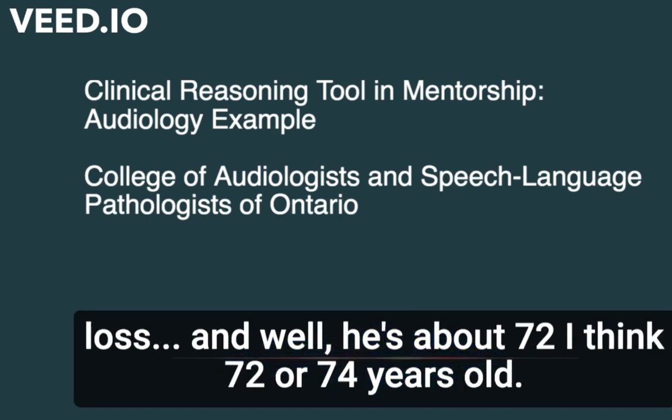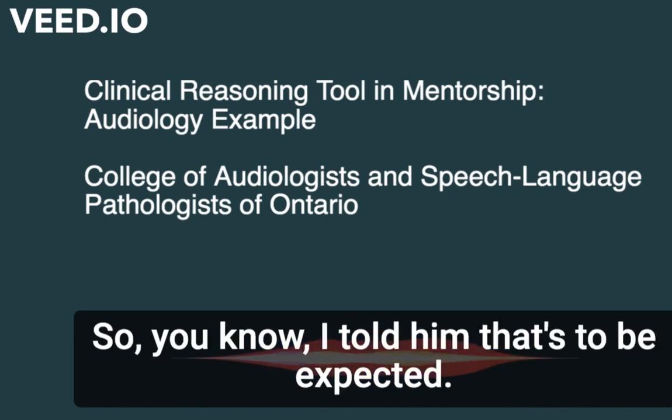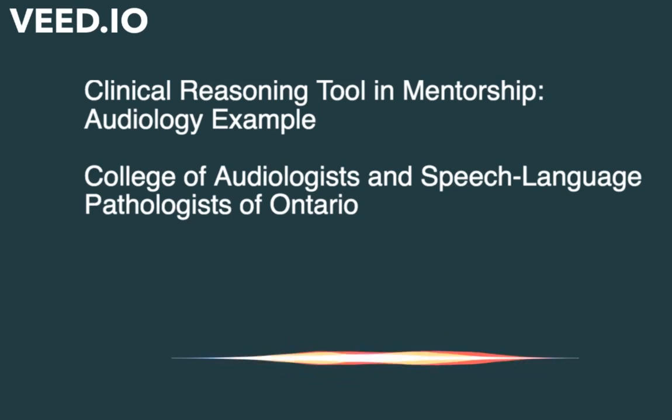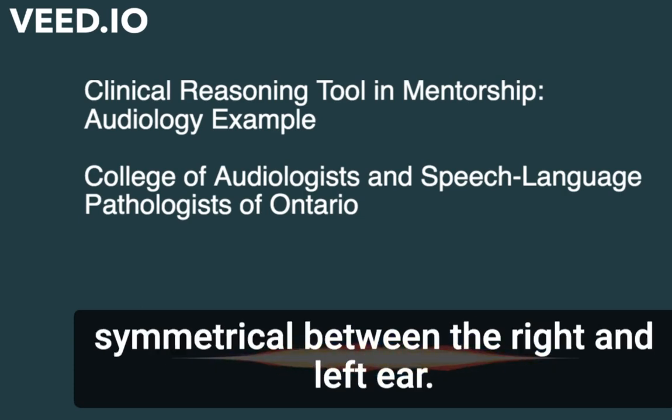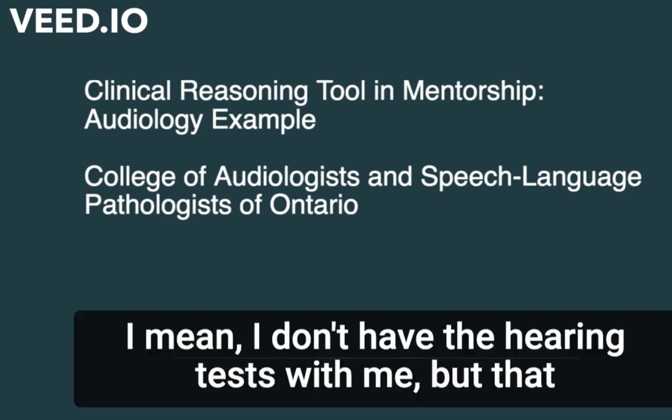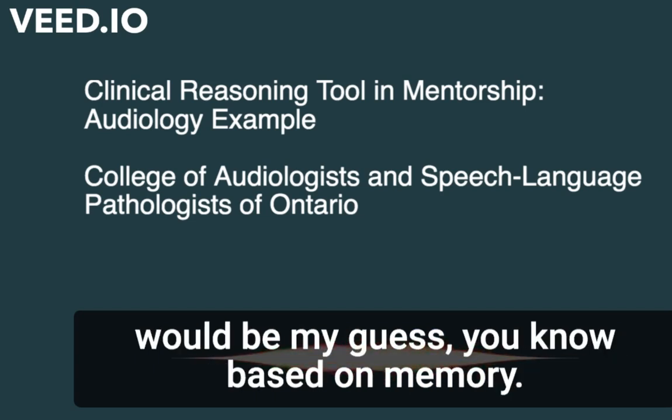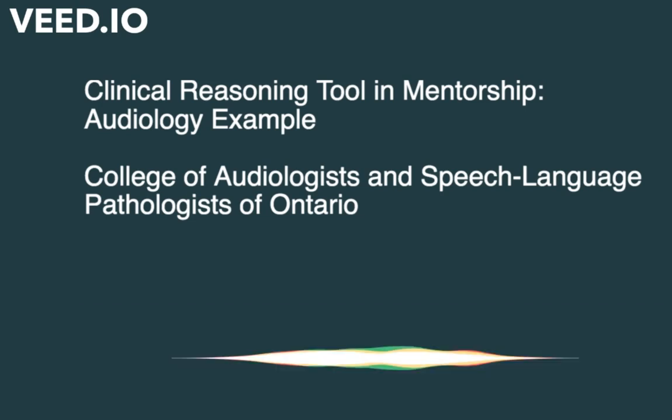And well, he's about 72, I think 72 or 74 years old. So, I told him that's to be expected. But, my feeling is that his hearing has always been symmetrical between the right and left ear. I mean, I don't have the hearing tests with me, but that would be my guess, based on memory.